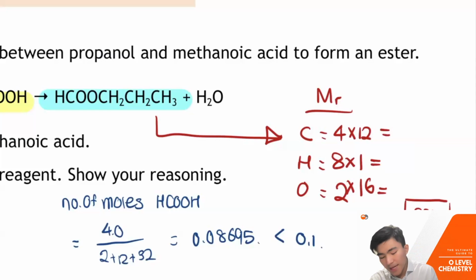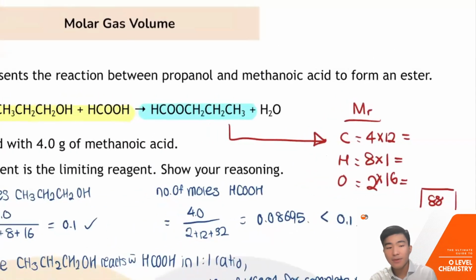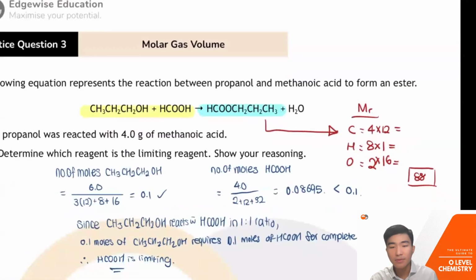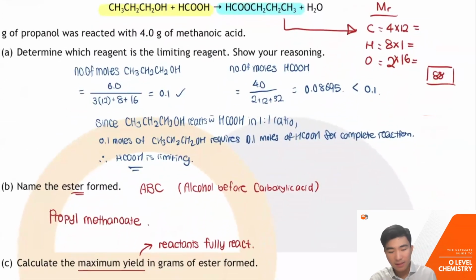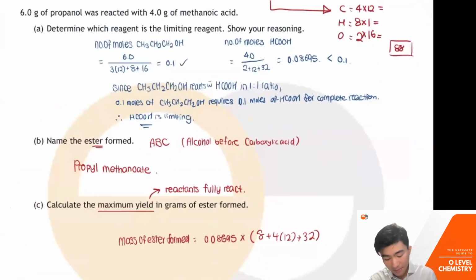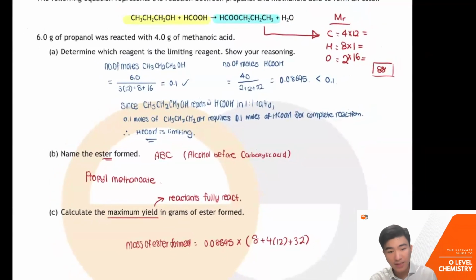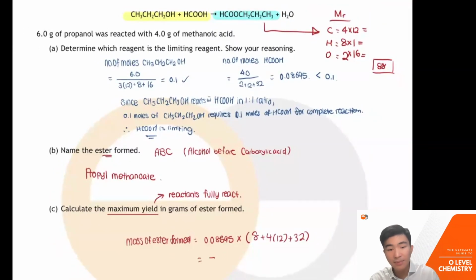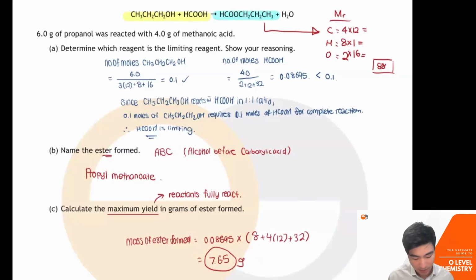Based on the MR that we have, we are going to use the number of moles to multiply this. I'll zoom out a little bit for you to see. The answer should be 7.65. Yeah, 7.65.